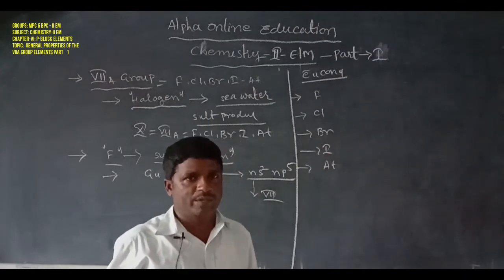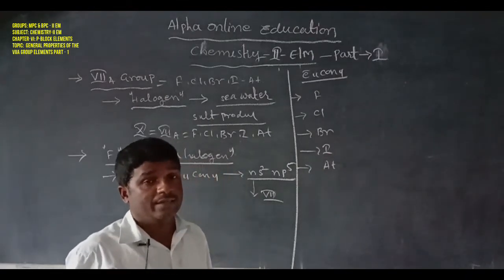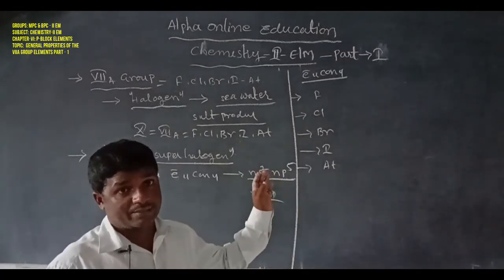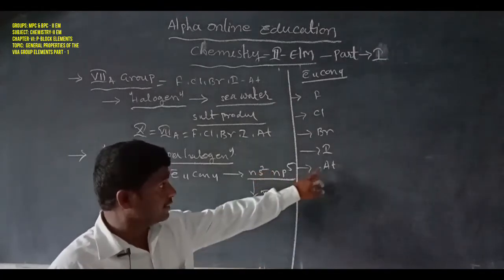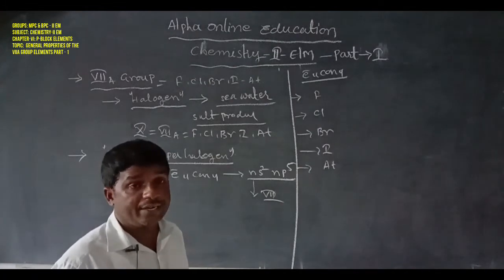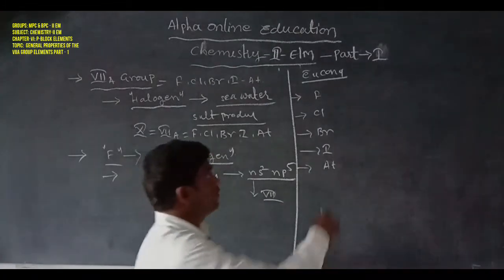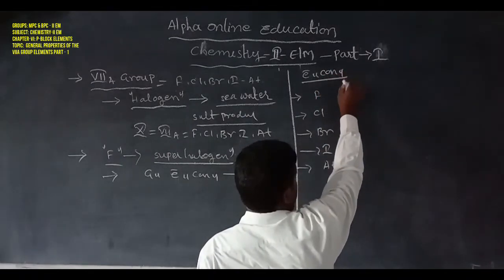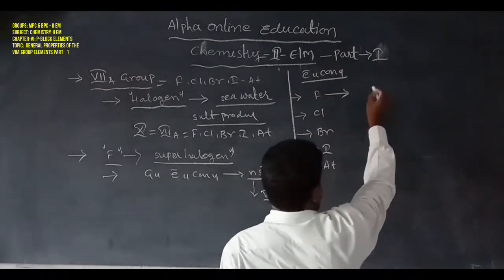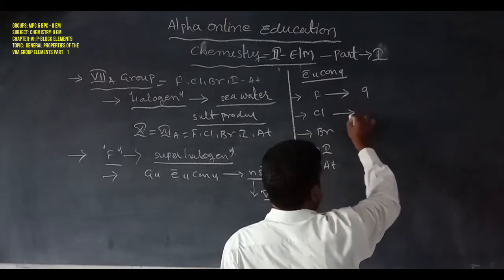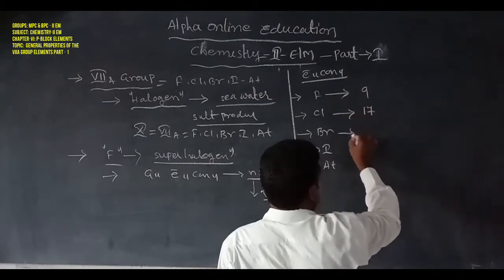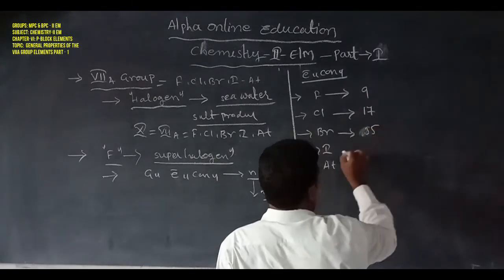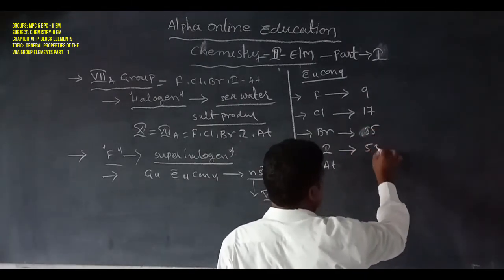Fluorine, chlorine, bromine and iodine are non-metals, and they exist in the gaseous nature. Astatine is a radioactive metal. Fluorine has atomic number 9, chlorine 17, bromine 35, iodine 53.